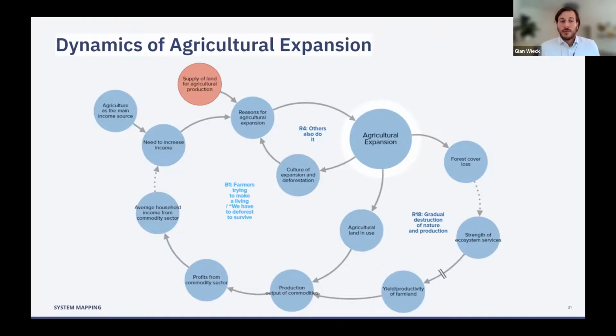So for small farmers, this could be the logic, and it could be okay to have the agricultural land, to then produce the commodities and to have an income that satisfies their needs. But there are also side effects that worsen this balancing loop and reinforce this expansive behavior.